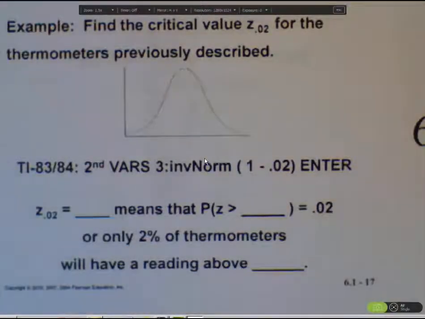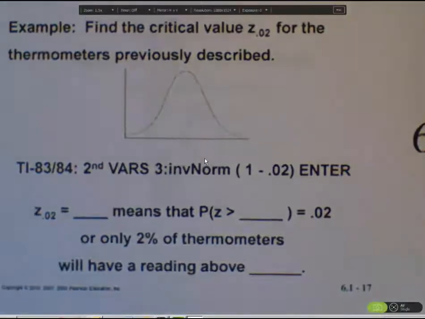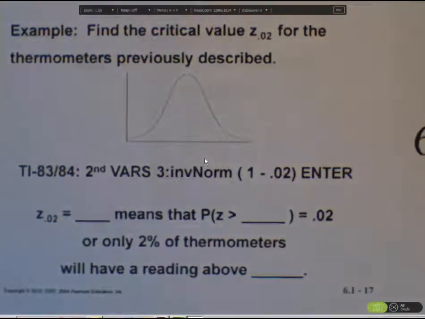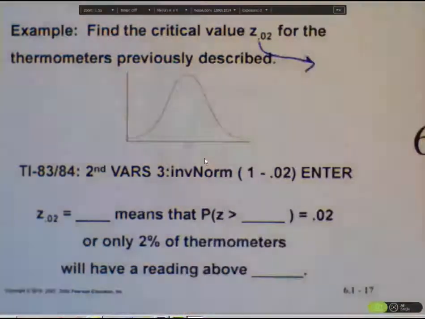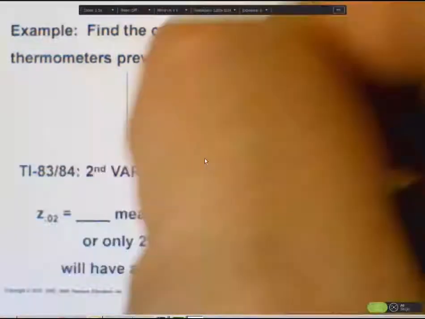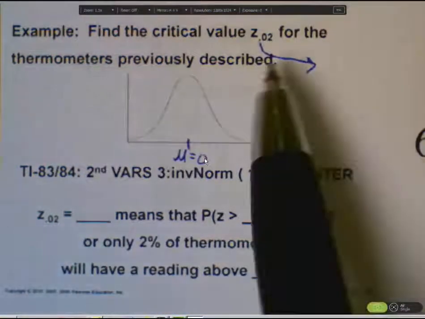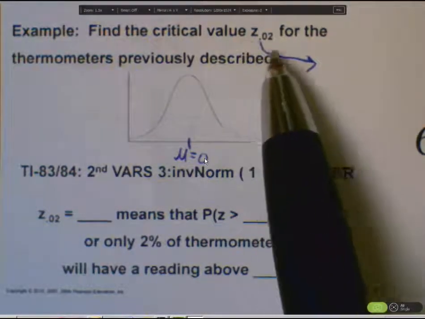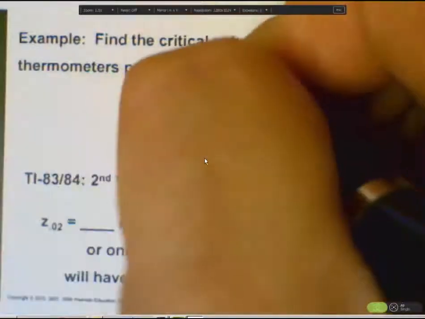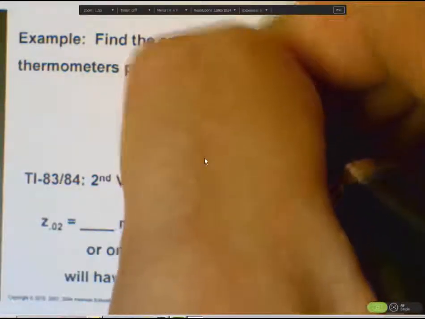Let's do an example of that. The directions simply say find the critical value Z sub 0.02 for the thermometers previously described. Now, what does Z sub 0.02 mean? That means find the z-score that only has an area of 0.02 to its right. If it only has an area of 0.02 to the right, it's going to be over here somewhere.